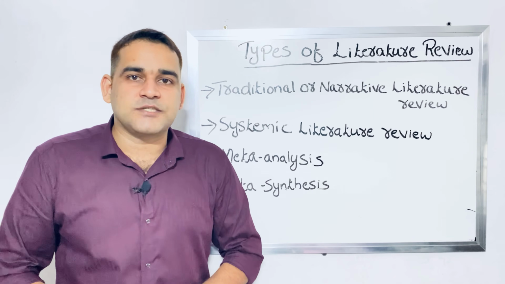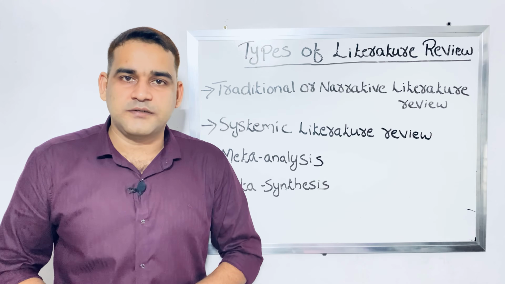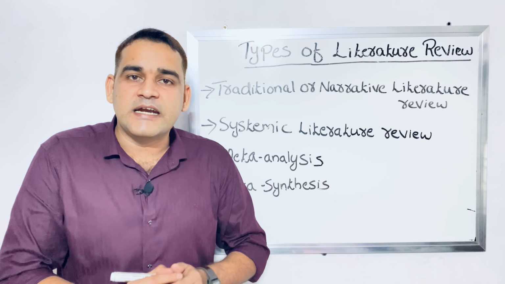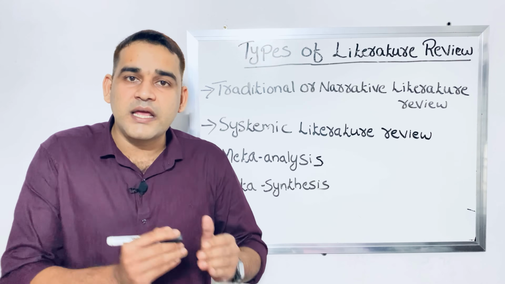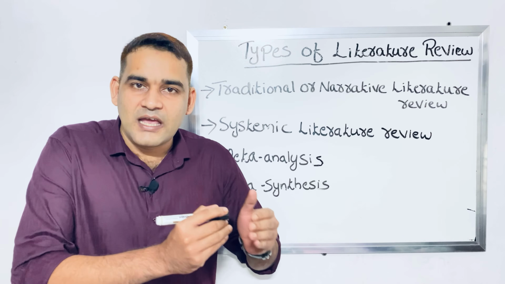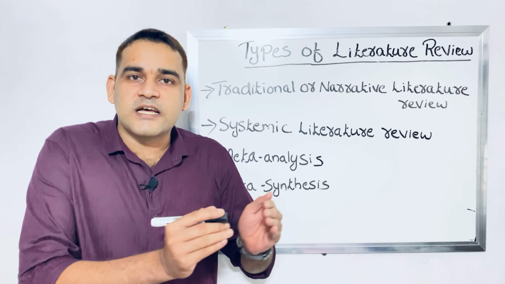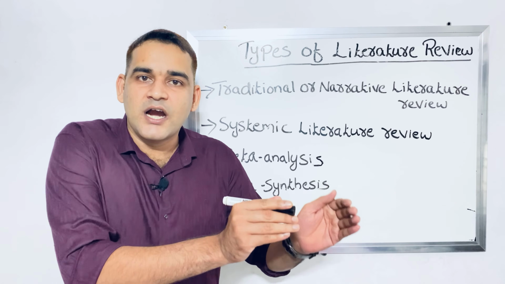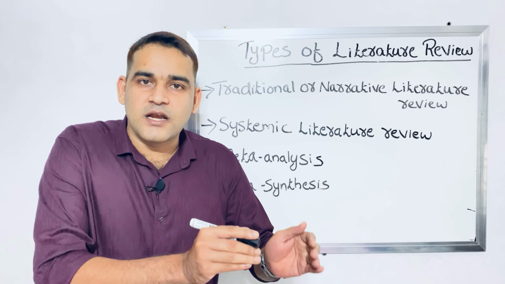So selection as well as collection of the knowledge related to your study is literature review. Review: again you are looking for the knowledge and documents related to your topic, that is literature review.